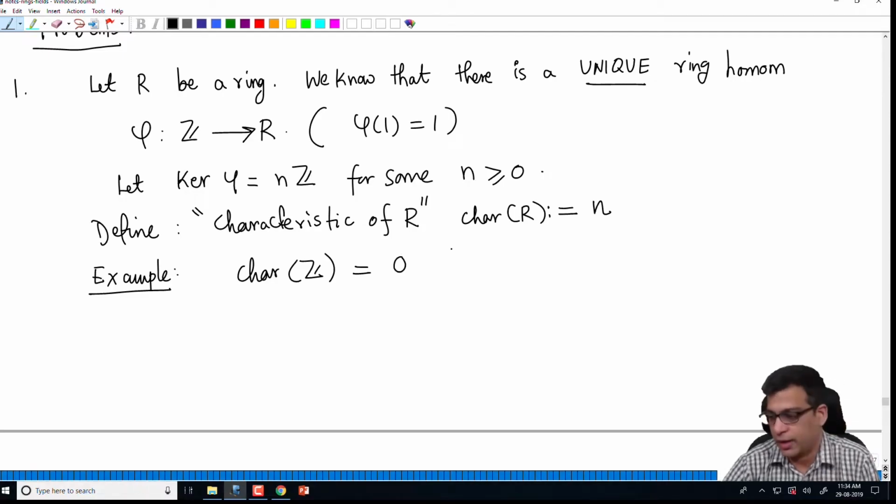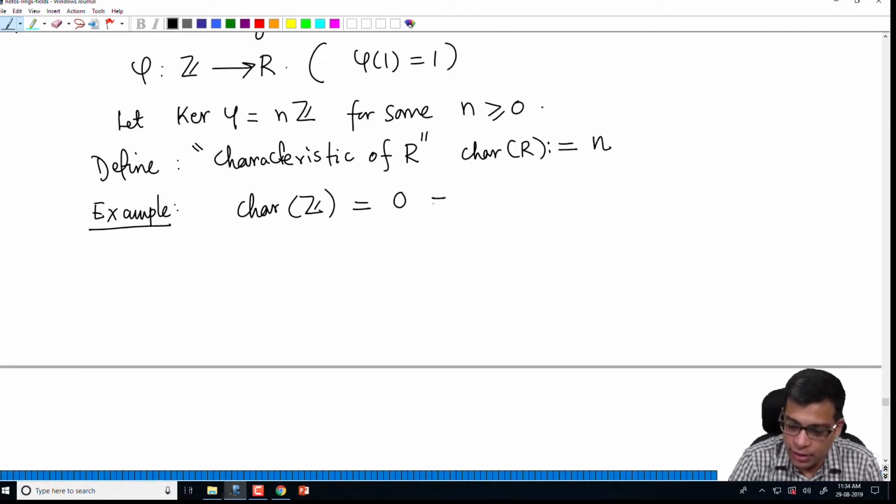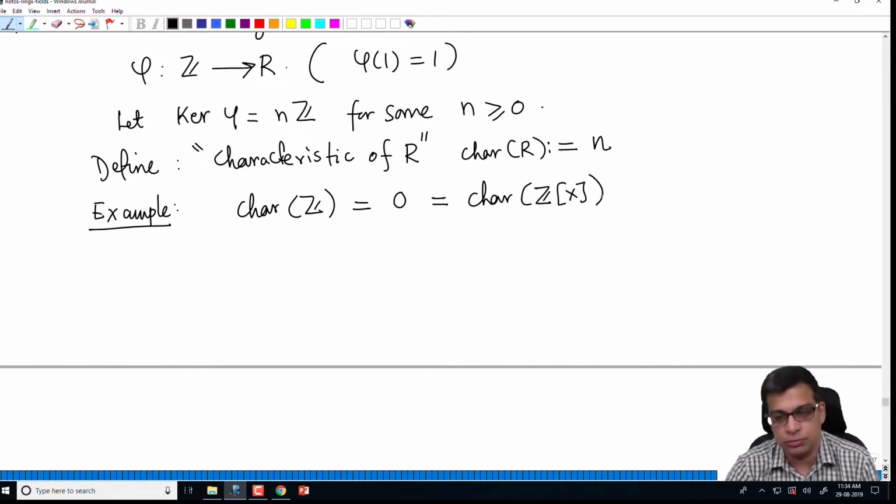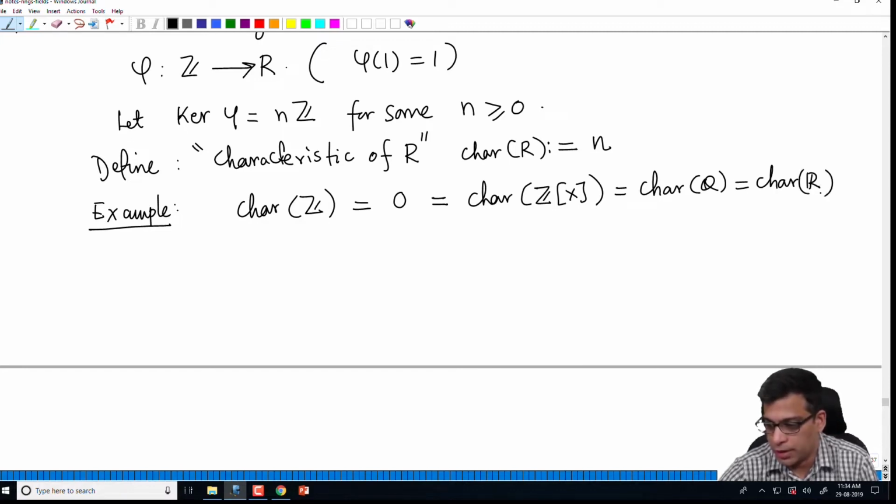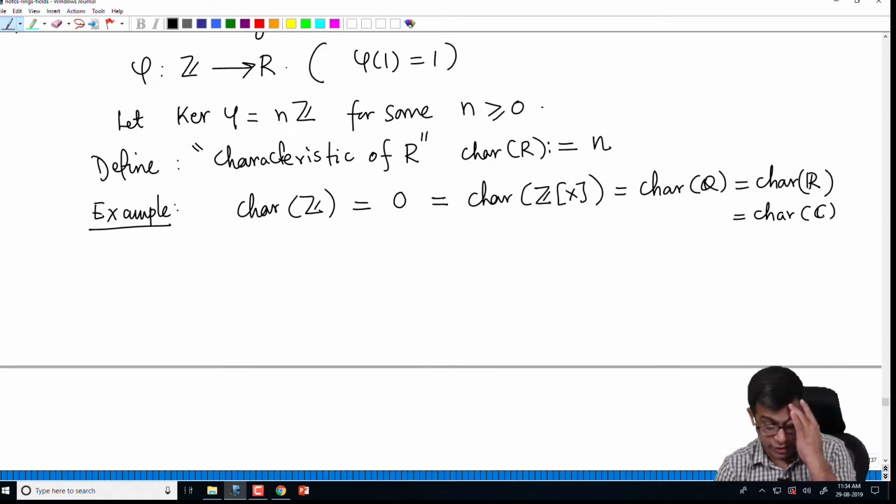So the characteristic of Z is 0, and that actually also is the characteristic of Z[x], the polynomial ring in any number of variables. This is the characteristic of Q, of R, and so on, and of C. For all these rings, the unique map from the ring of integers is injective. That means the characteristic is 0, the generator of the kernel is 0.